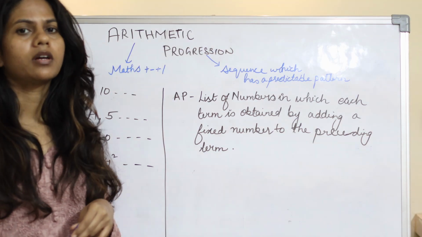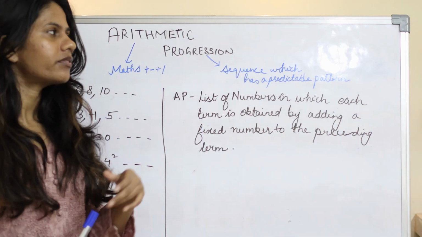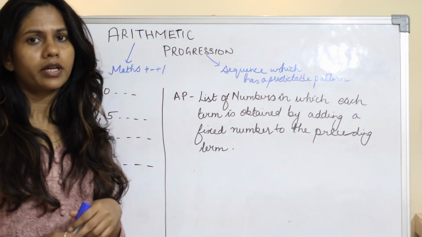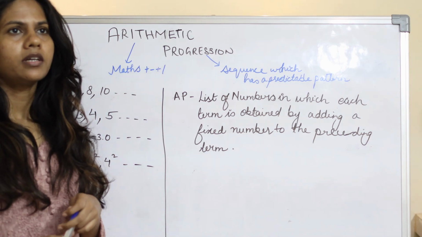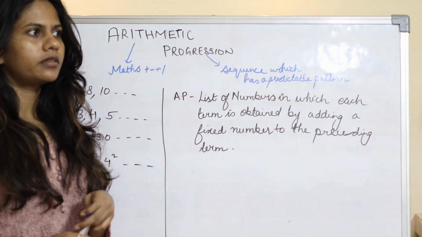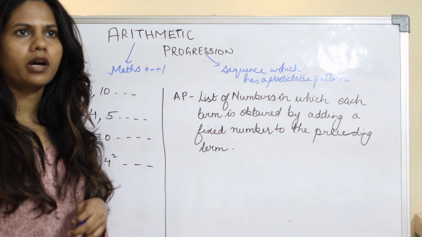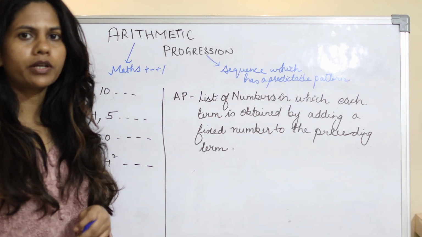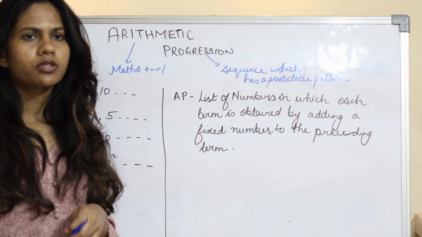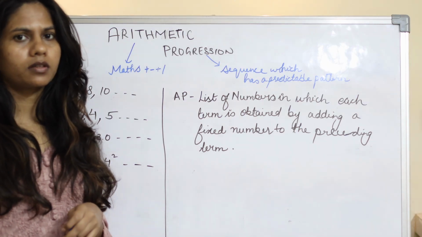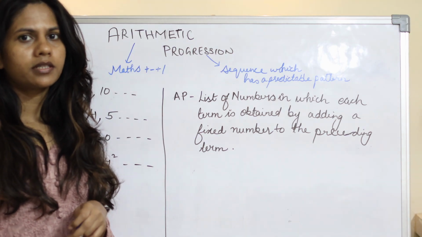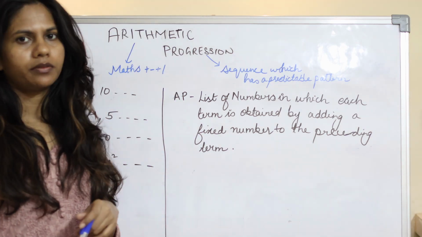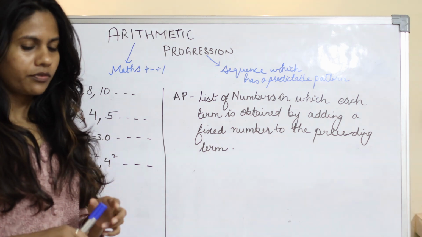Now you should think, why are we studying this? Where do we apply this in our real life? Nowadays we are using applications like Uber and Ola to commute. I'll show you how their pricing uses AP.